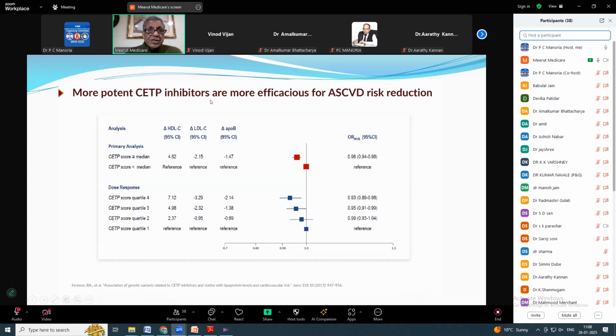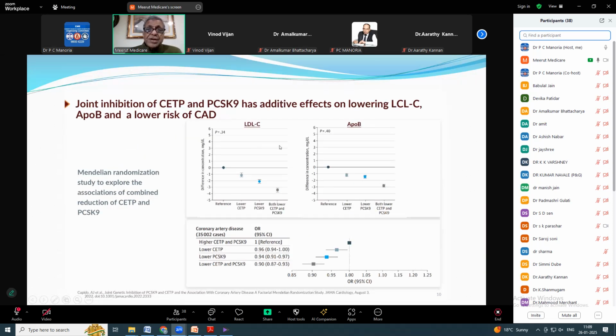The more potent the CETP inhibitor, the more efficacious it is in ASCVD risk reduction, with quartile 4 more efficacious than quartile 1. Another very important thing is that CETP inhibition and PCSK9 inhibition are additive. They both reduce LPA, and they both reduce LDL-C.